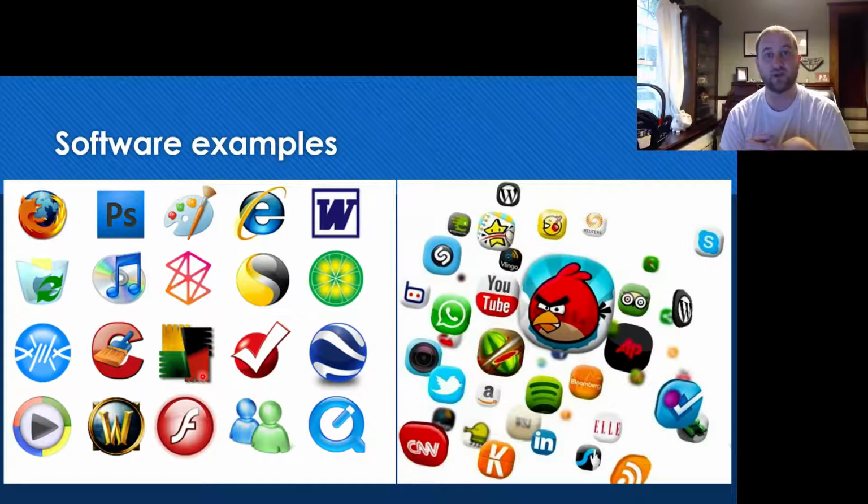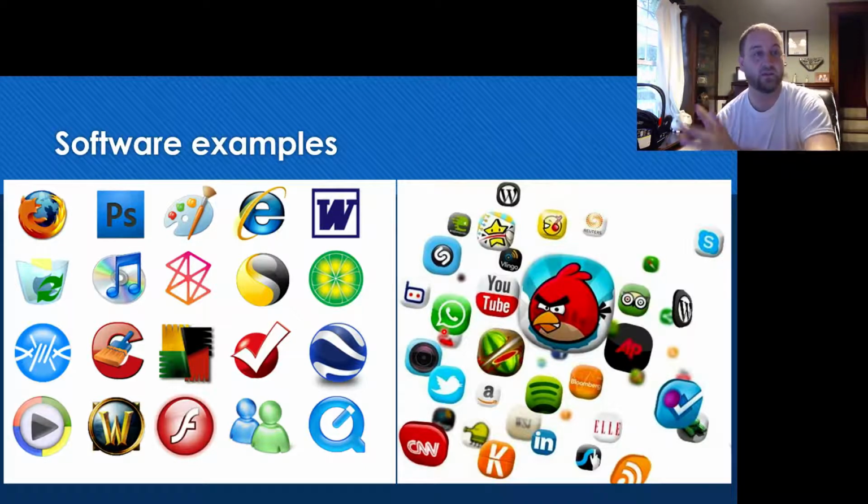If you use a MacBook or an Apple device, that's the Apple operating system. I can't remember what all the different operating systems were for Mac, but the Mac operating system is different from a Windows operating system, okay?